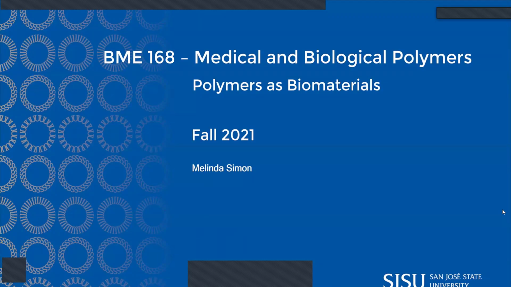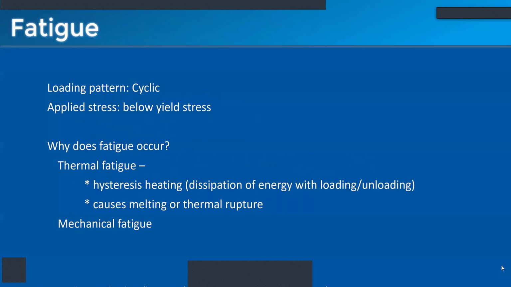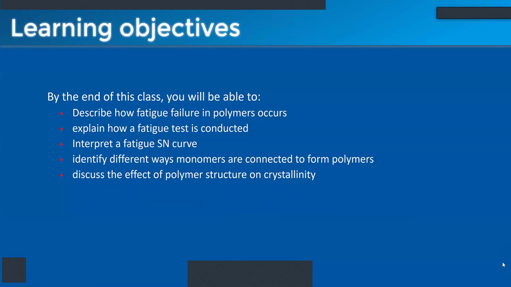Okay, so on to the actual material for today, talking about wrapping up our section on mechanical properties of polymers and then starting to develop our vocabulary of polymers as biomaterials. Okay, so we're going to finish up mechanical properties with talking about fatigue and how fatigue causes failure in polymers.